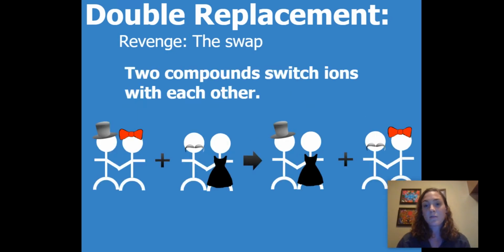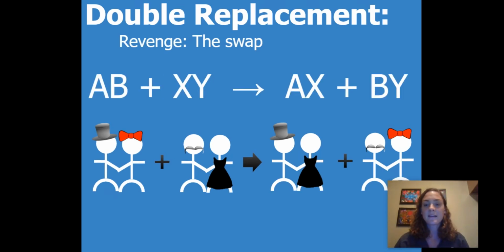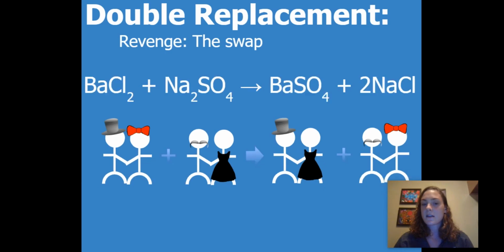So this is when two compounds switch ions with each other, or switch atoms with each other. So you've got two compounds, and part of one and part of the other swap places. Here is the general equation, and here is an example. So let's talk through this example. You have Ba and you have Cl. So Ba and Cl, those are two different atoms, two different ions.